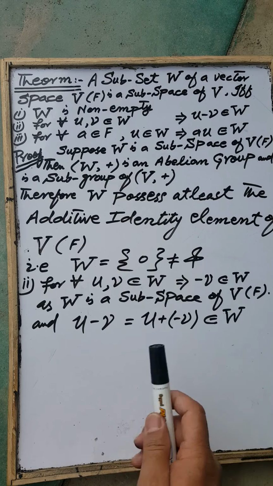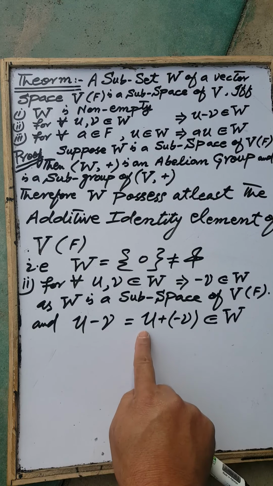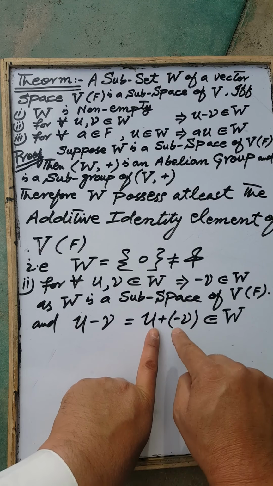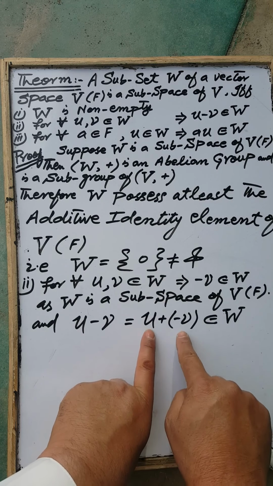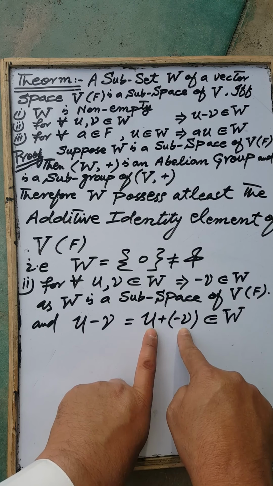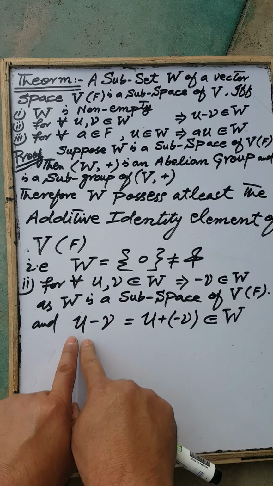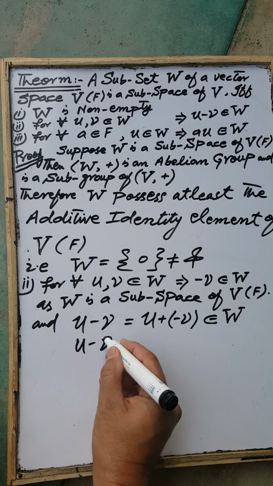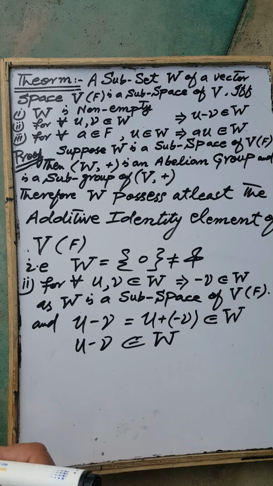Now, U minus V is equal to U plus minus V, where U and minus V are elements of W. Therefore, the addition of any two elements of W is also contained in W, so U plus minus V, which is U minus V, is also an element of the subspace W.